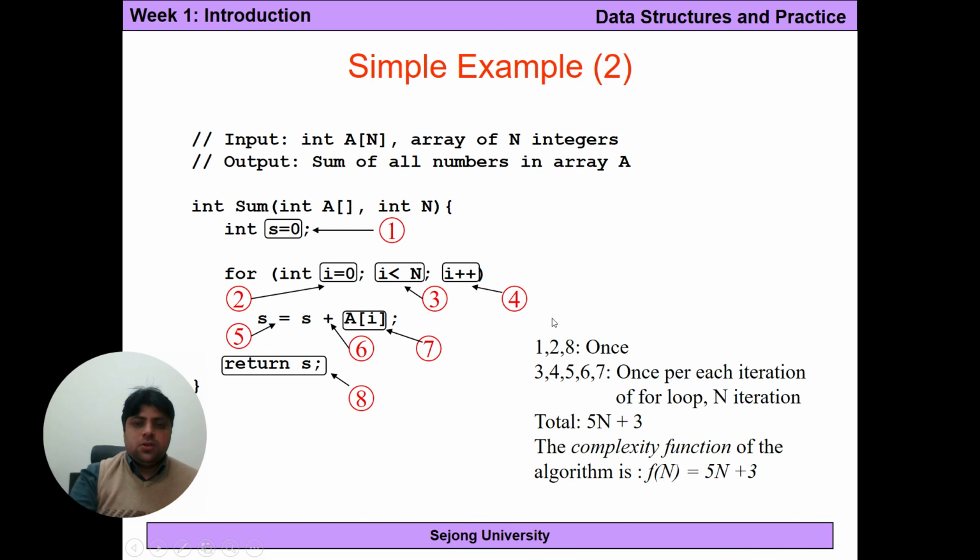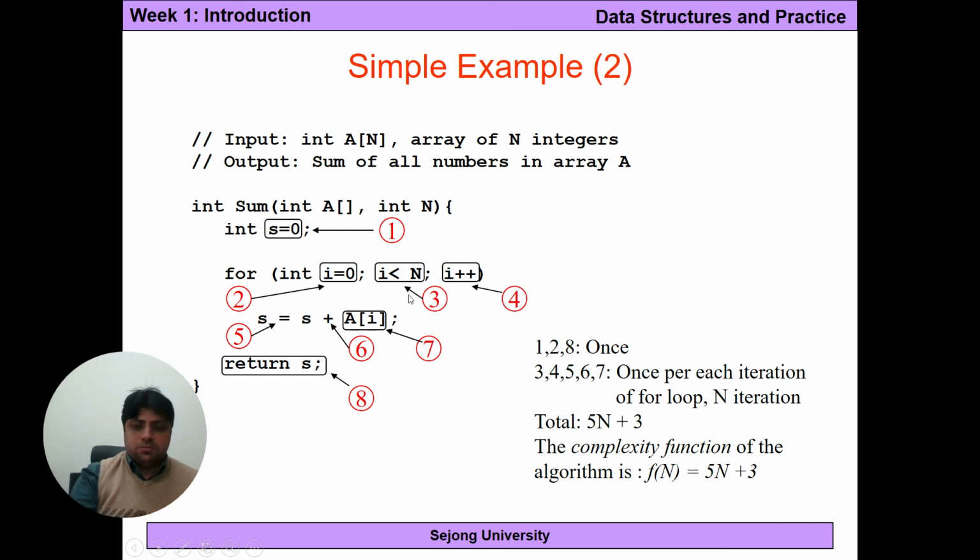So these three statements would be executed one time, and the other statements would execute how many times? n times, up to n iterations. On every iteration, it would check the condition, increment by 1, update the value, add it and store it into s.